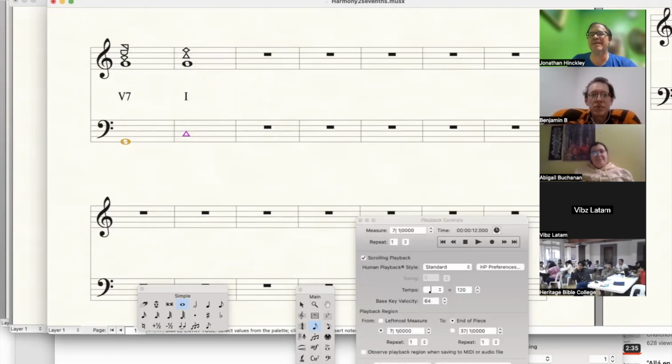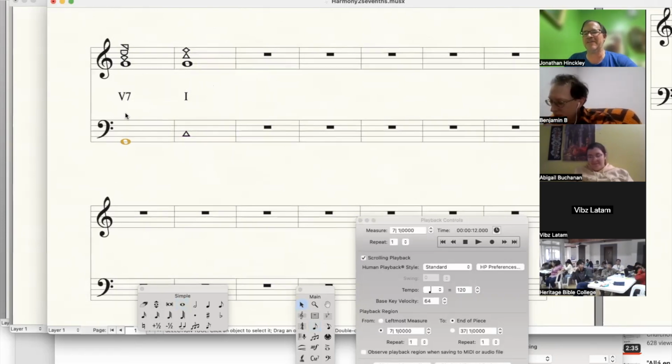Okay? And all the other harmony is basically going to revolve around this. This is how everything ends, almost everything. So I know we spent about an hour on this, but this is how everything ends. And if you understand how this works, then you can make all the rest of them work.